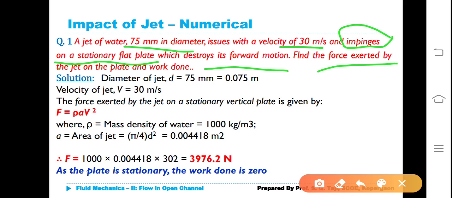Find the force exerted by the jet on the plate and also the work done. Since the plate is stationary, there cannot be any work done. Why? Because the plate is not moving, no work is done.